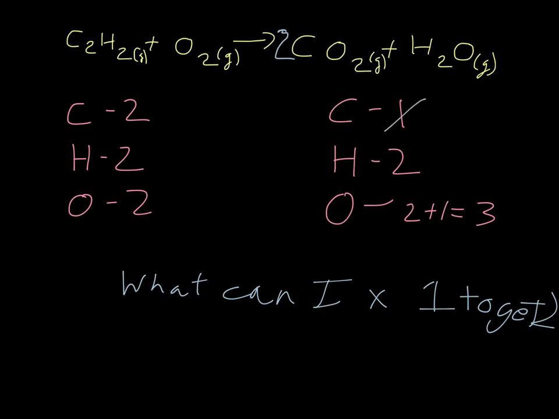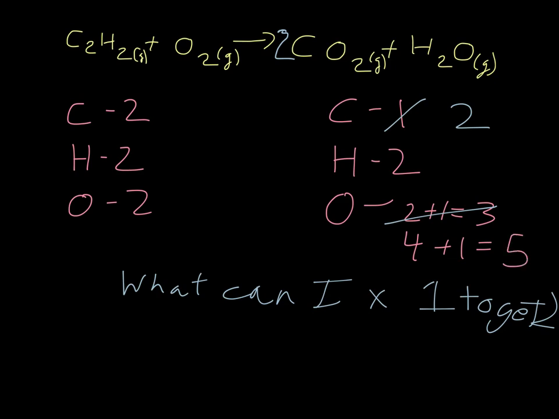What that does is that gives me 2 carbons now, but in changing my carbon content, it also changed my oxygen. Instead of having 3 oxygens, I now have 2 times 2 is 4, plus 1 from the water. Hi, I'm an oxygen here, don't forget about me. To give me 5 oxygens.